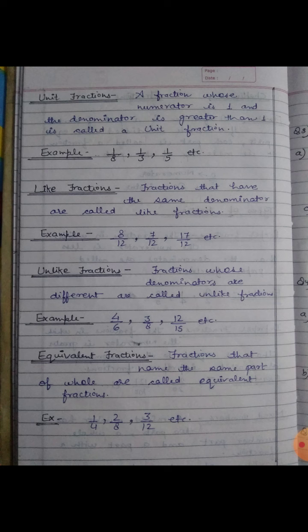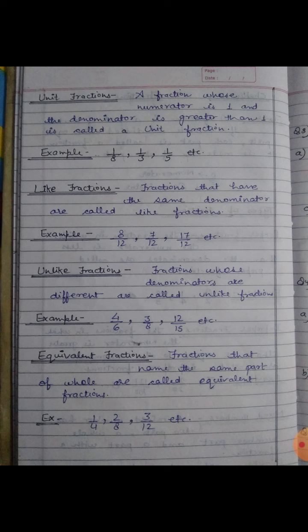Now, like fractions and unlike fractions. You studied this earlier in your previous class and most of the time questions arise like, find out like fractions and unlike fractions. So first we learn about like fractions. Fractions that have the same denominator are called like fractions.